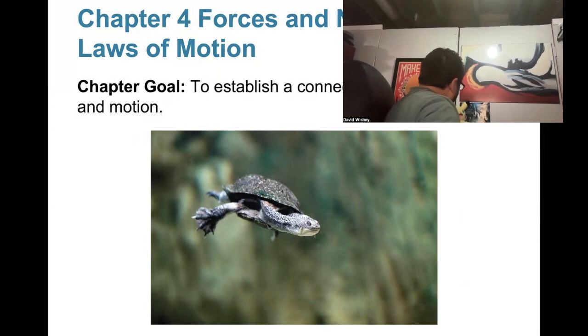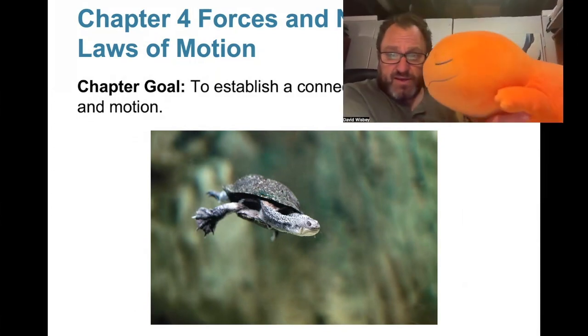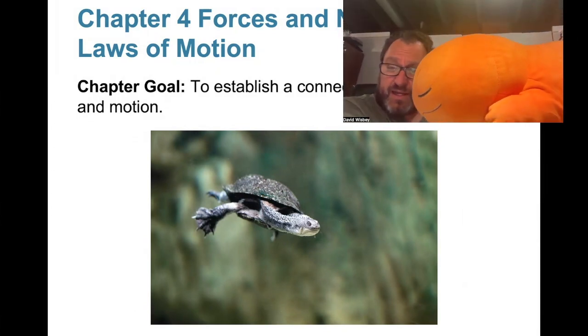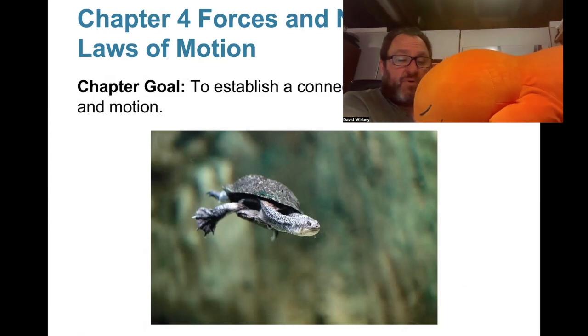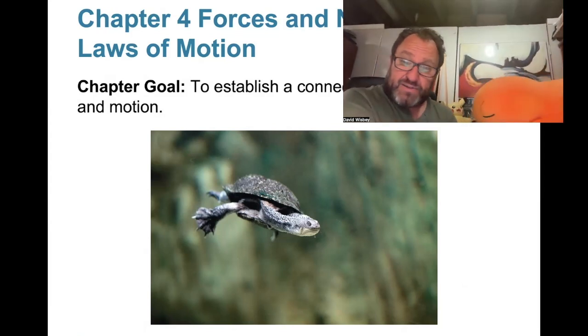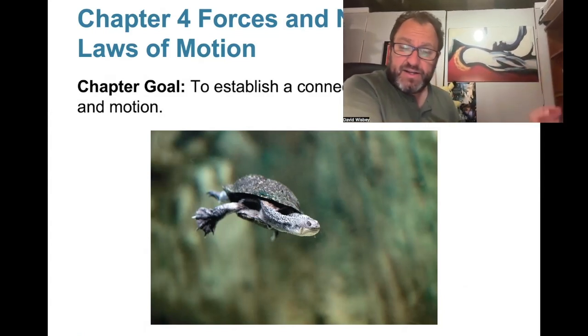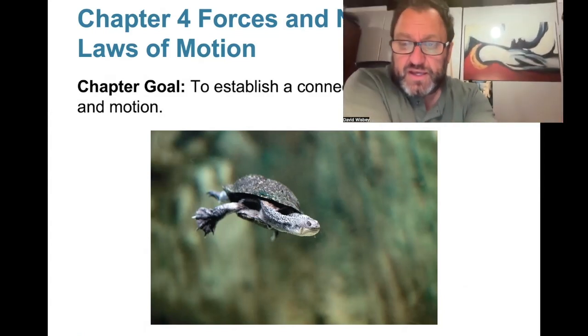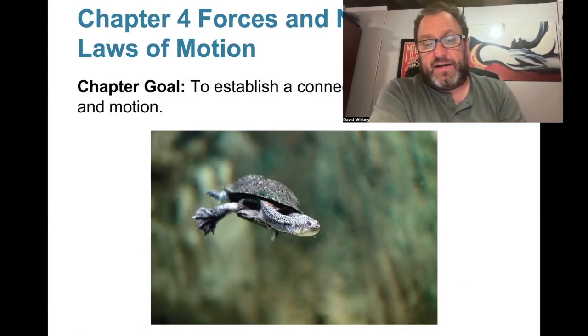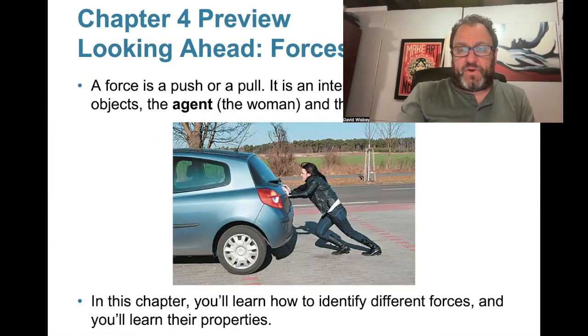Let's take Charmander here. This Pokemon is sleeping, and he will not move until an outside force acts on him. So if there is motion, there's force. That's the connection. If something starts to move, then a force was acting on it. Big connection.